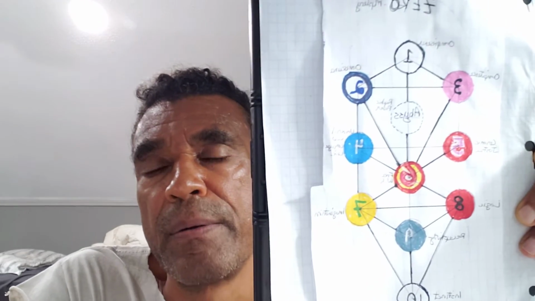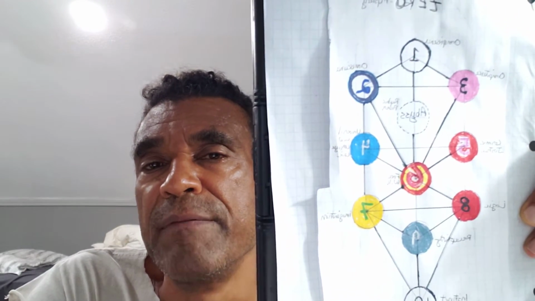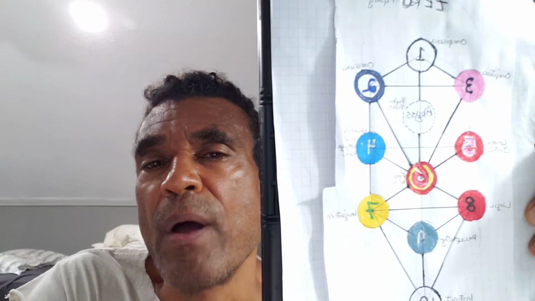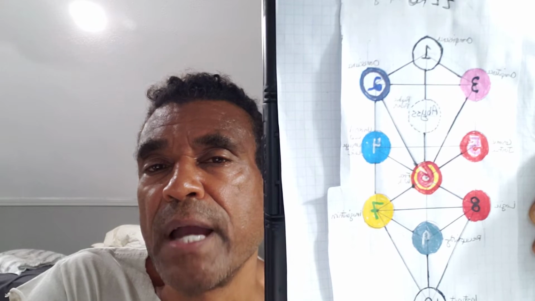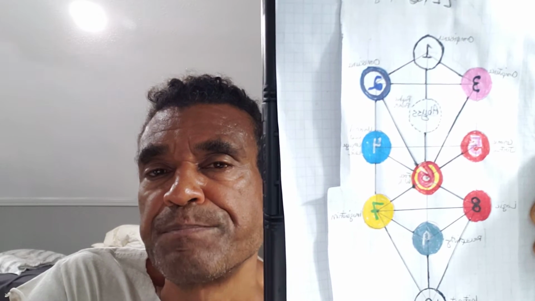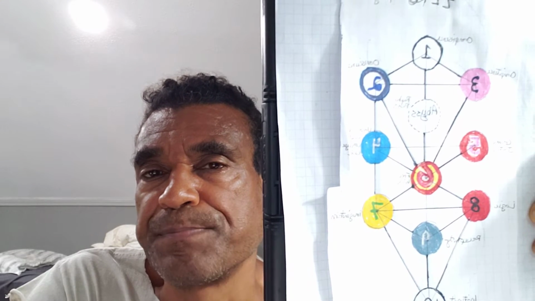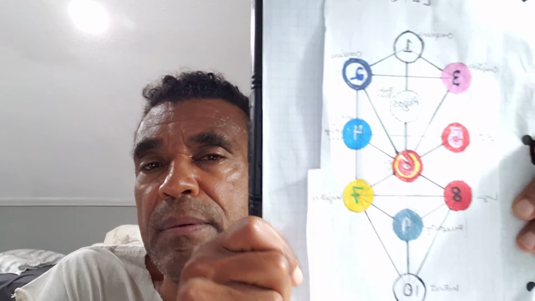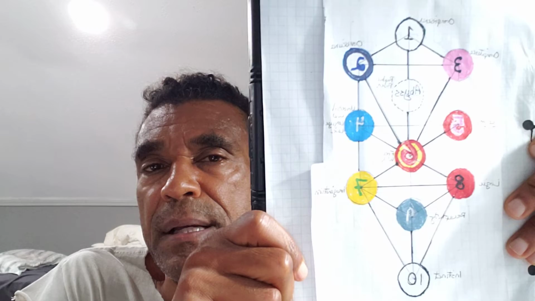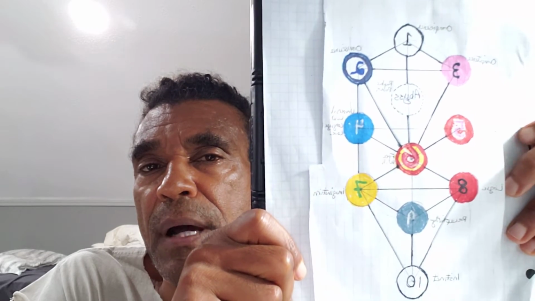A lot of people think of these as our 12 faculties, or 12 modes, or 12 aspects of consciousness. And as a beginner, you can sum them up just like this.